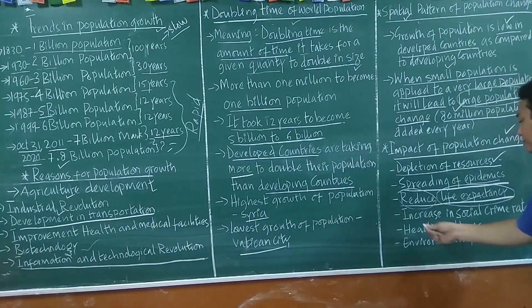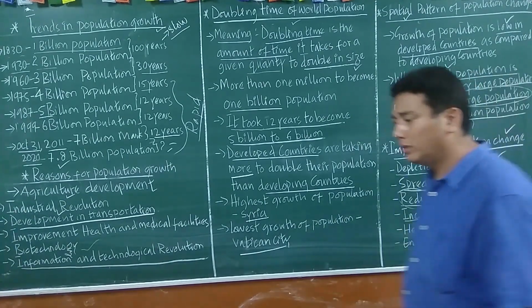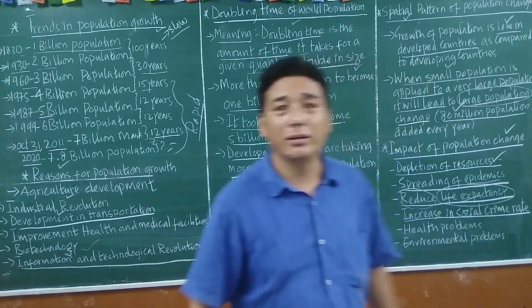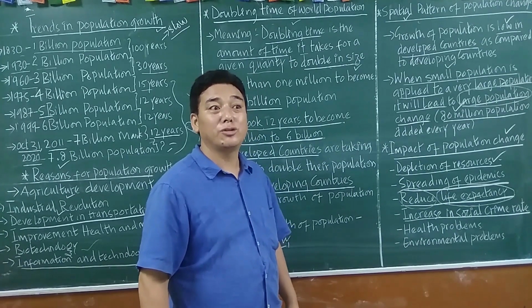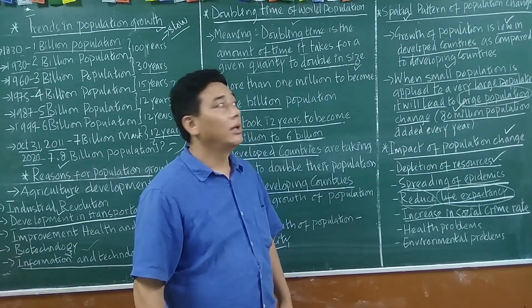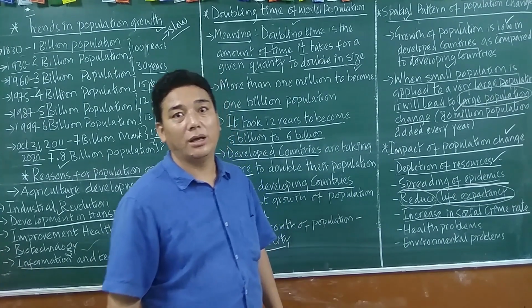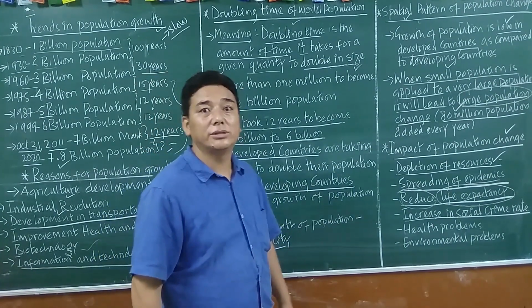The next is an increase in social crime rate. The water war has already started, for example between India and Pakistan because of the Indus water treaty, and the water war between China and the neighboring countries.